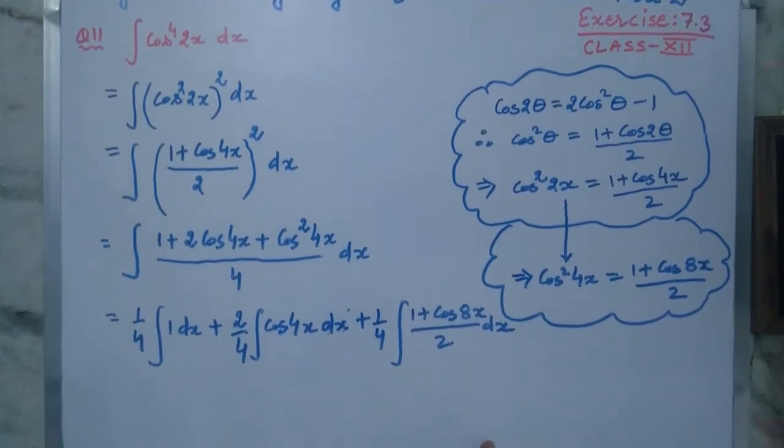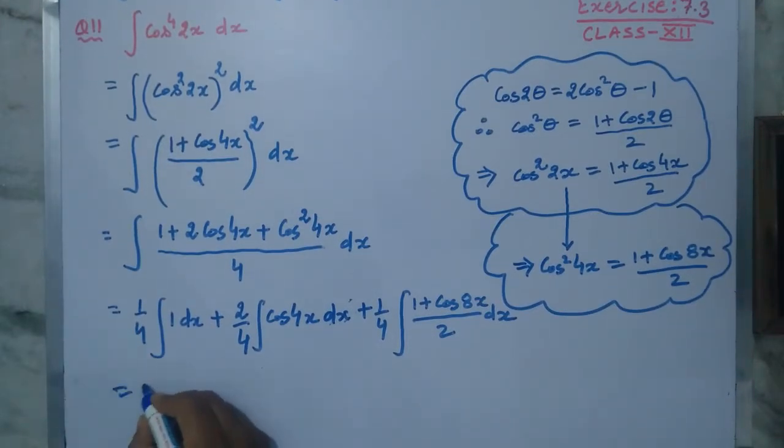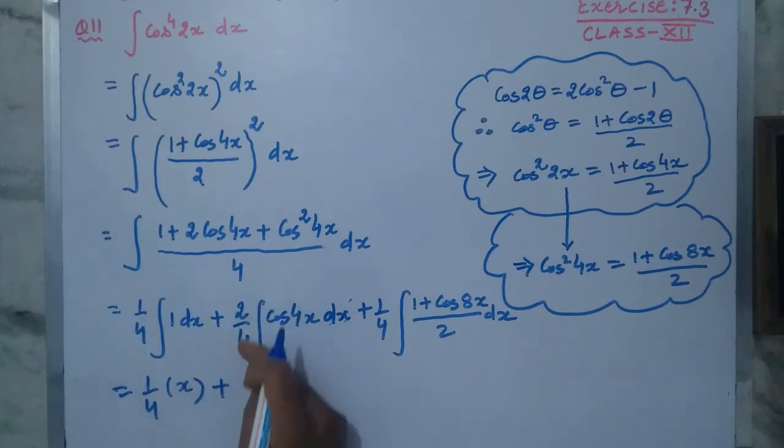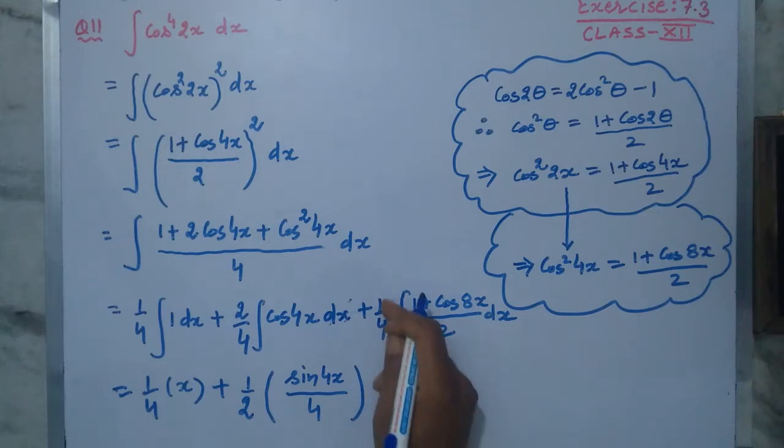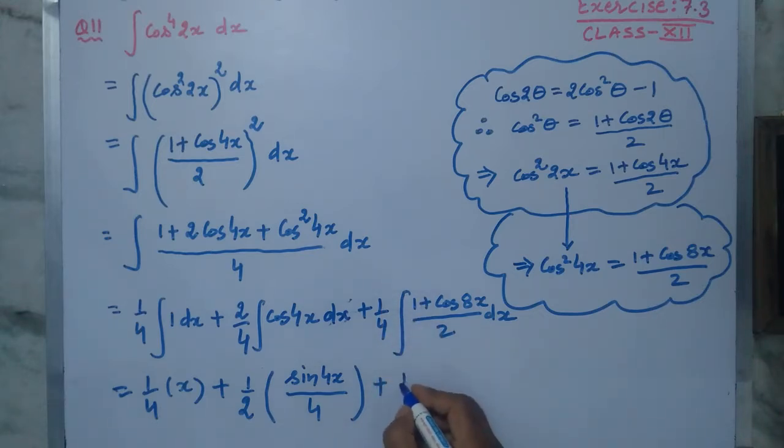So this way, 1 upon 4 integration of 1 is x, plus 2 upon 4, meaning 1 upon 2, integration of cos 4x is sin 4x upon 4, plus 1 upon 4 into 2, 1 upon 8.